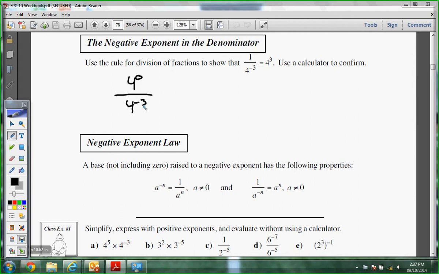Now I have the same base, so we can do our nice division rule: 0 minus a negative 3. What's minus a minus? Positive. 4 cubed. We just proved it using exponent laws. It's minus a minus.